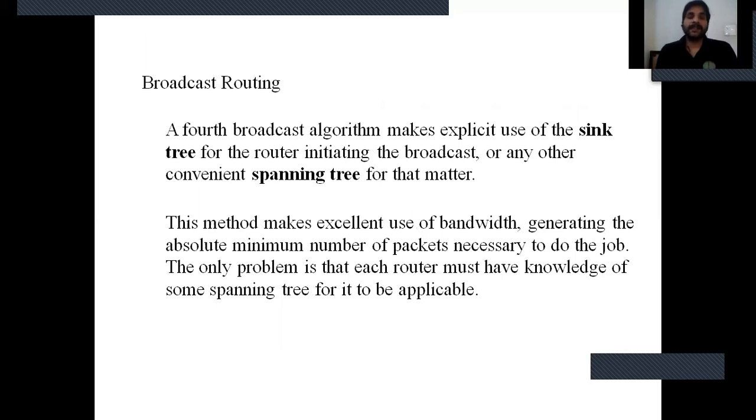A fourth broadcast algorithm makes explicit use of a sink tree for the router initiating the broadcast, or any other convenient spanning tree. The method makes excellent use of bandwidth, generating the absolute minimum number of packets necessary to do the job. The only problem is that each router must have knowledge of some spanning tree for it to be applicable.